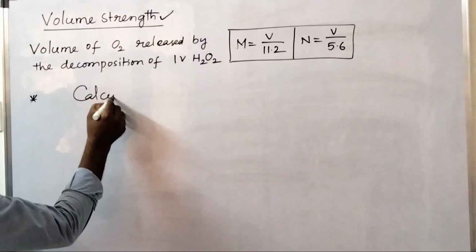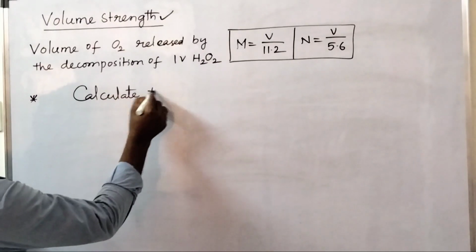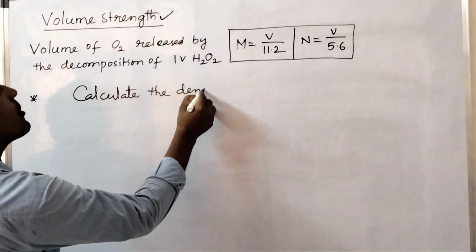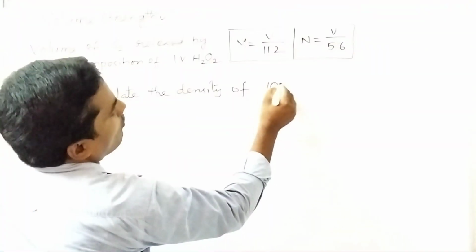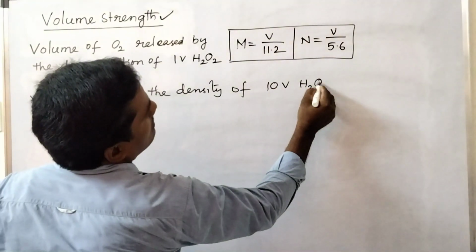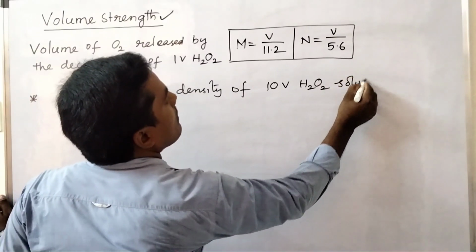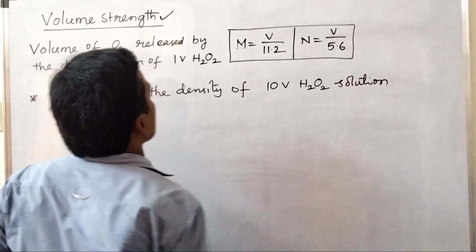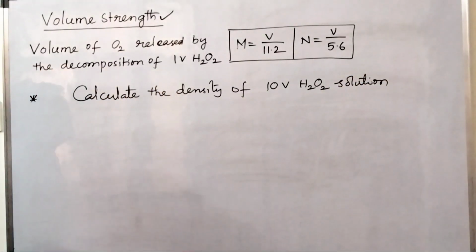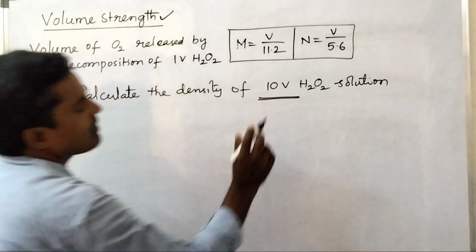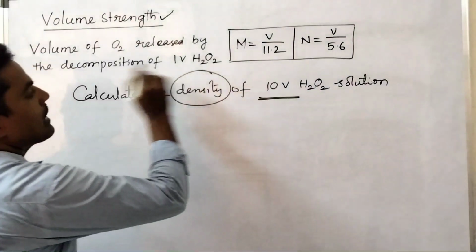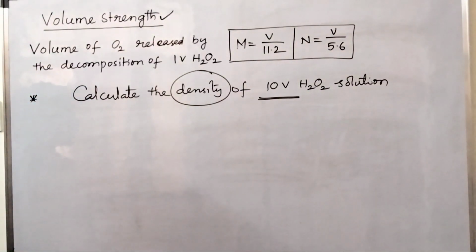Calculate the density of 10 volume hydrogen peroxide solution. Here volume strength is given, so we have to calculate the density of that solution.